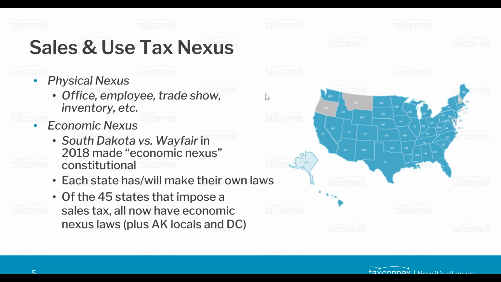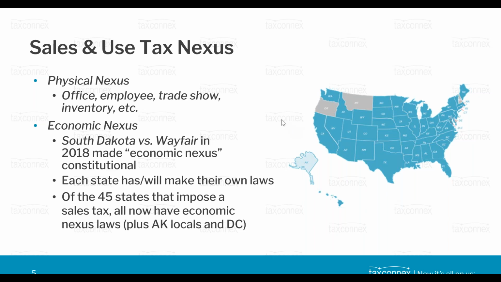There are essentially 45 states plus the District of Columbia that have a sales and use tax. The state of Alaska does not have a state level sales tax, but they do have local administered sales taxes. Those too have complied and formed an economic nexus principle in the state of Alaska for those locals.